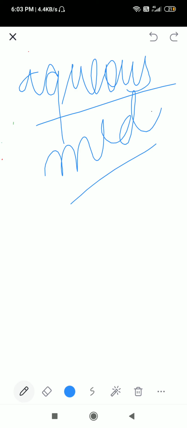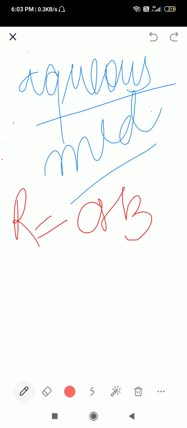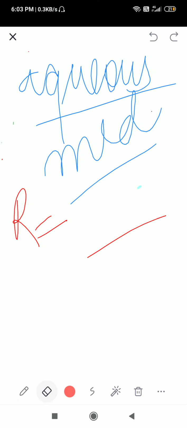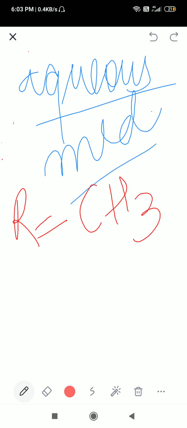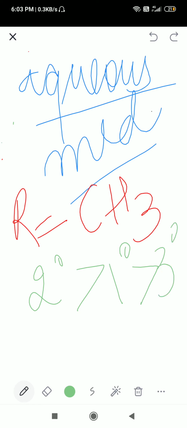When the R group is CH3, meaning methyl, the basicity order is 2 degree, more than 1 degree, more than 3 degree. This you have to remember.